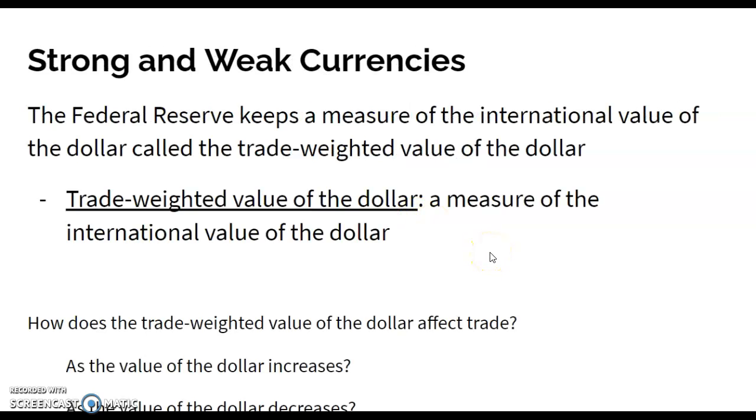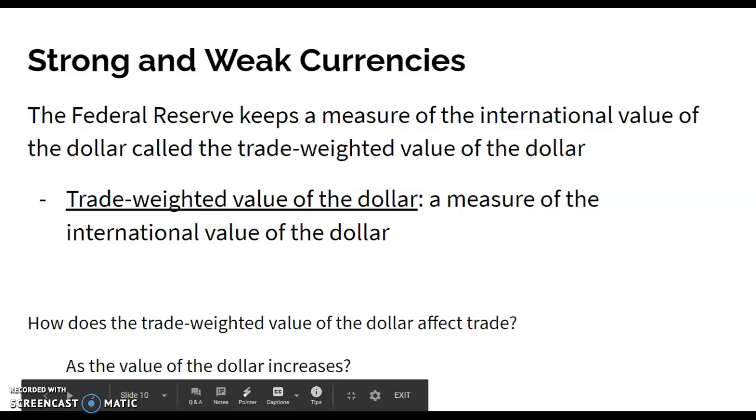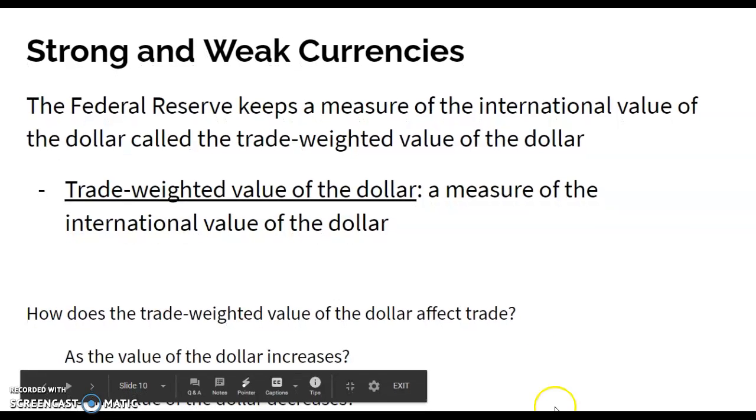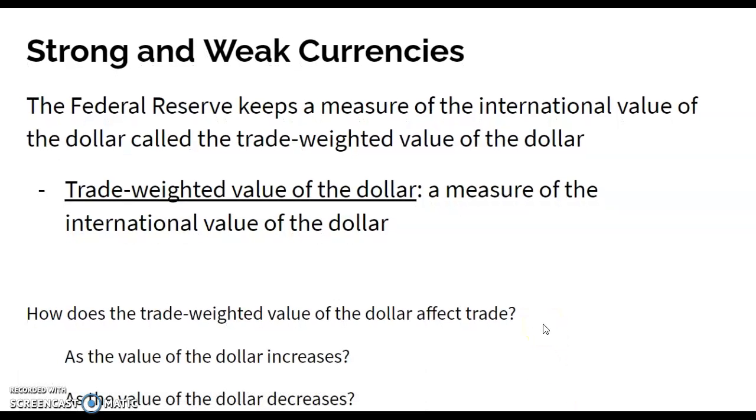All right, so let's talk about strong versus weak currencies. The Federal Reserve keeps a measure of the international value of the dollar called the trade-weighted value of the dollar. That's a measure of the international value, which I was just saying. And how does the trade-weighted value of the dollar affect trade? And so obviously, if our dollar is very valuable, other countries really want to trade with us.